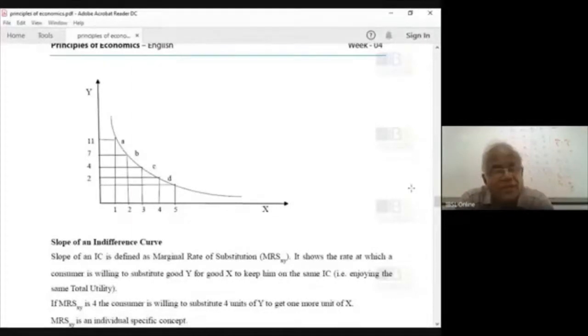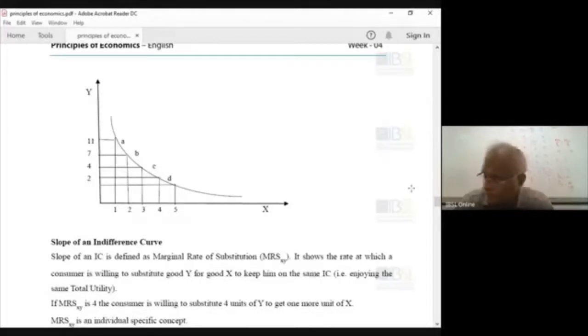Now we ask him, okay, to get 1 more unit of lemonade, move from A to B. That means you get 1 more unit of lemonade. How many units of Y are you going to give up? 11 minus 7, 4. That is the change in Y; the change in X is 2 minus 1, which is 1.